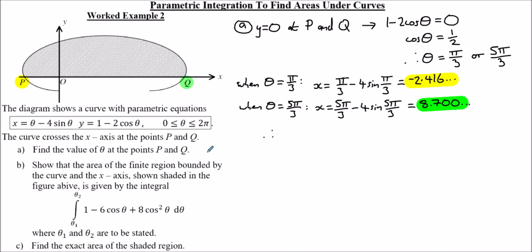So therefore, values of theta at P and Q. So at P, theta has a value of pi over 3. I'll underline this now because it's going to be our answer.